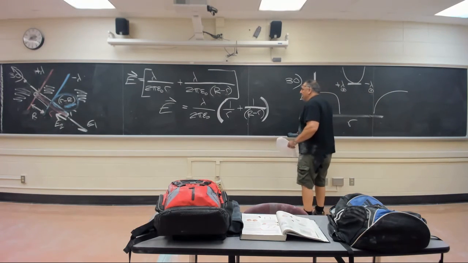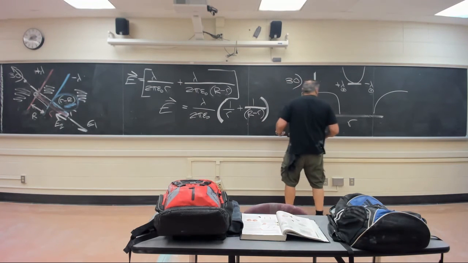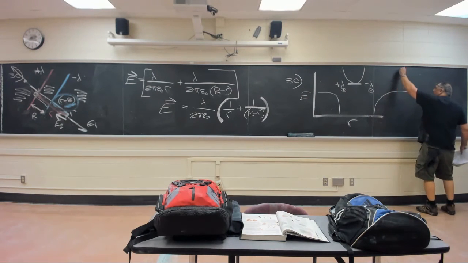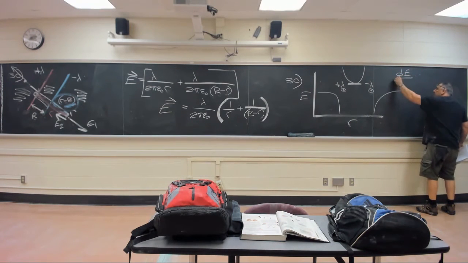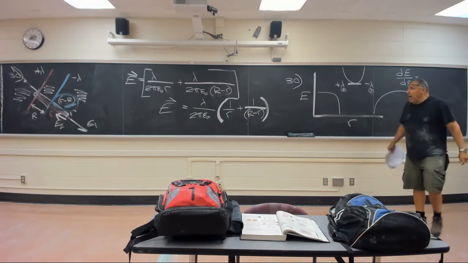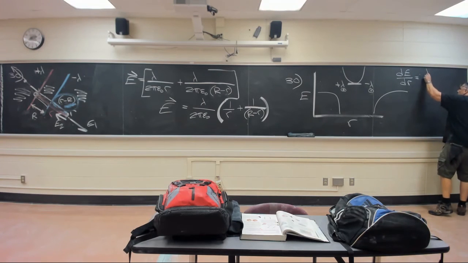We can look at it, and like I said, we could take the derivative of this thing with respect to R and see what would happen here. If you took, in terms of magnitude, dE d small r, how we're walking, and you actually did that, you'd get lambda over 2 pi epsilon naught. These are constants all over the place.